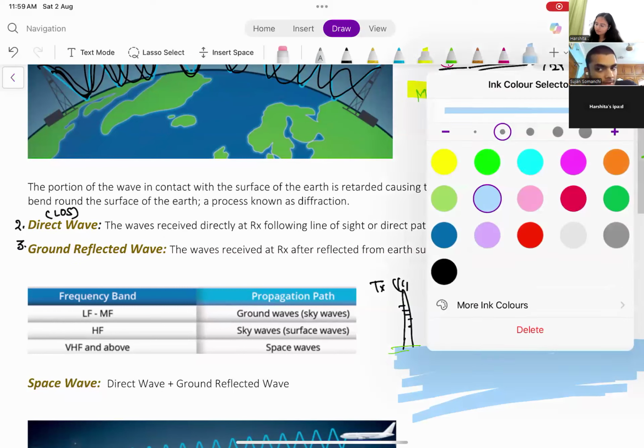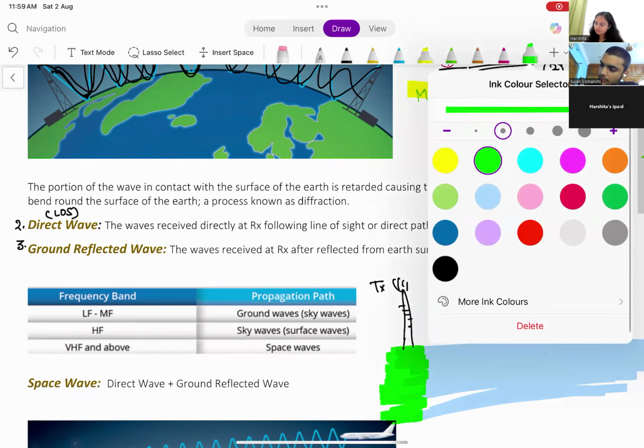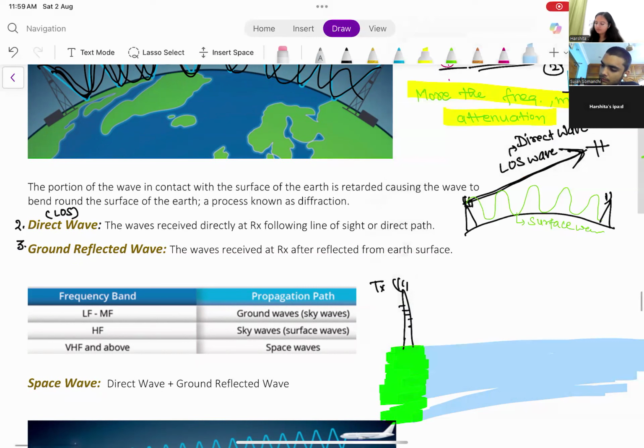Ma'am, RX is the receiver end, ma'am. Yes, Rx is the receiver end. Tx is transmitter, Rx is receiver.